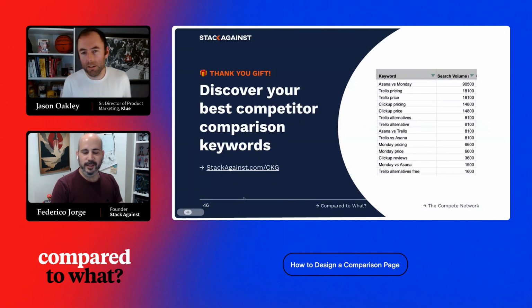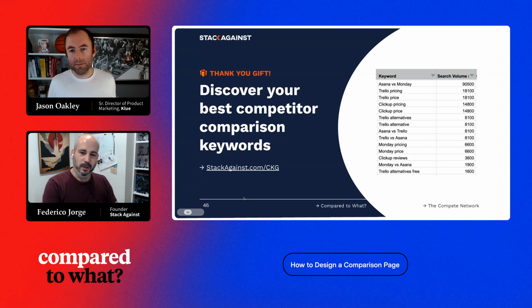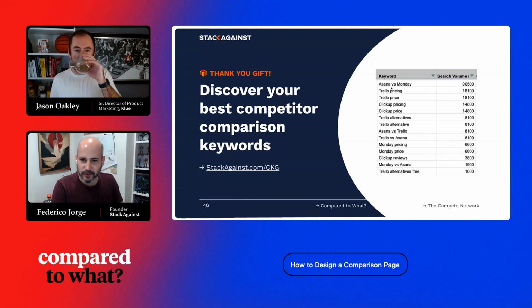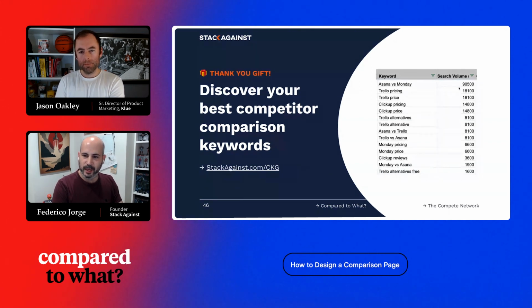Yeah, because it's not just which competitor, but as you can see, for example, Asana versus Monday has so much more volume than, let's say, Monday pricing or Monday versus Asana. This is kind of crazy, but Asana versus Monday has 10 times more volume than Monday versus Asana, and technically it looks like the same. But if you can rank and target this keyword instead, you're going to get way more traffic.